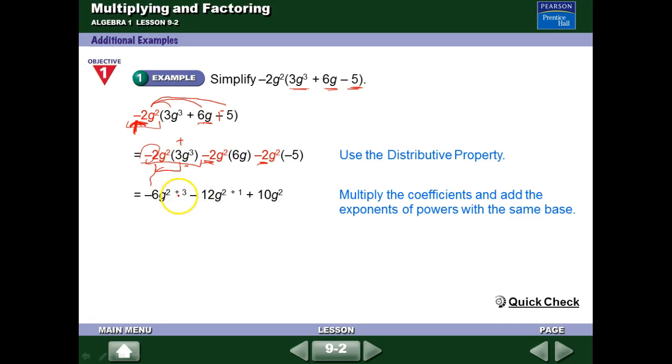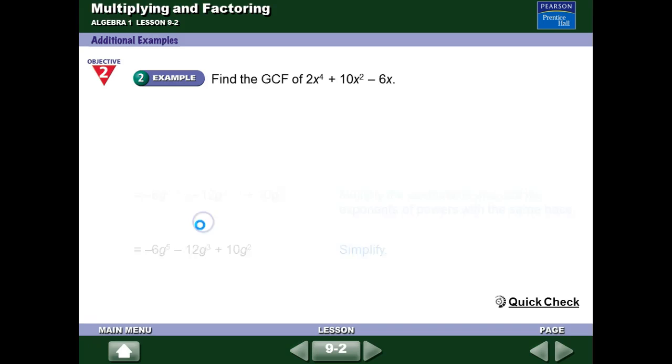So 2 plus 3, as you can see here, we're going to get 5. Now, -2 times 6, -12. G squared times g is going to be g cubed. -2 times -5 is going to give you a +10. G squared is my only g term, so we just drop that down. So this is my simplified answer.